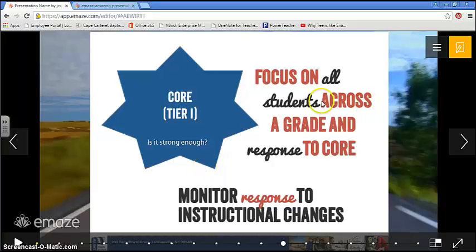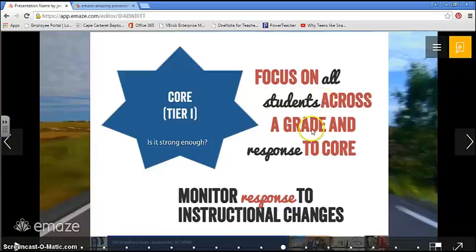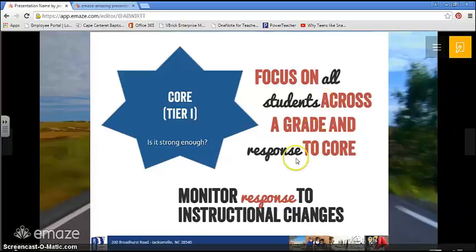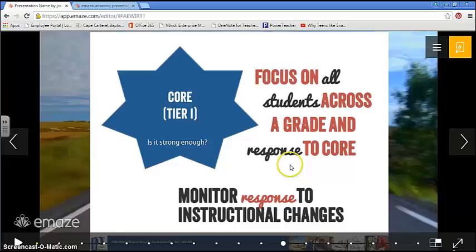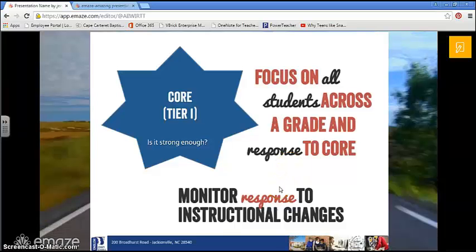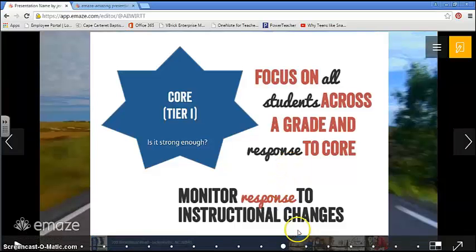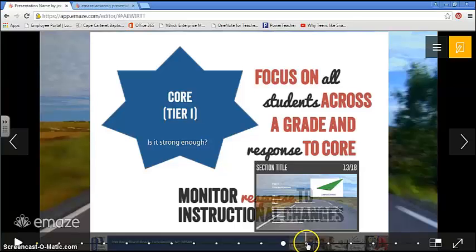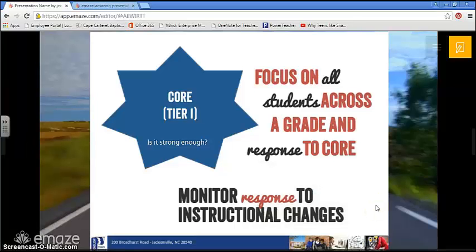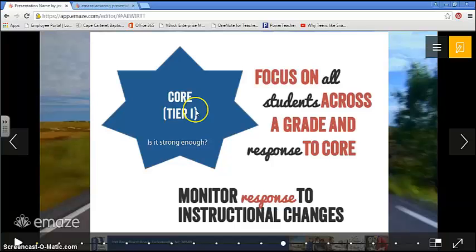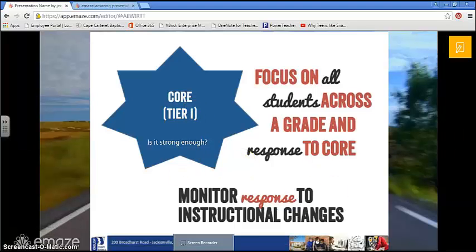Does it focus on all students across our grade level and monitor their response to our instructional practices and our instructional changes that we're making in our classroom as we differentiate in Tier 1? So we are focusing on all students across all grade levels.